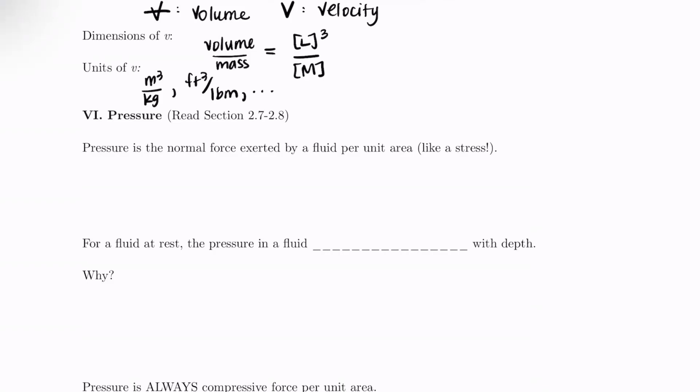Okay. Next, we are going to talk about pressure. Pressure is the normal force exerted by a fluid per unit area. A force per area is a stress, so this is just like stress, except we only have a normal component to it.